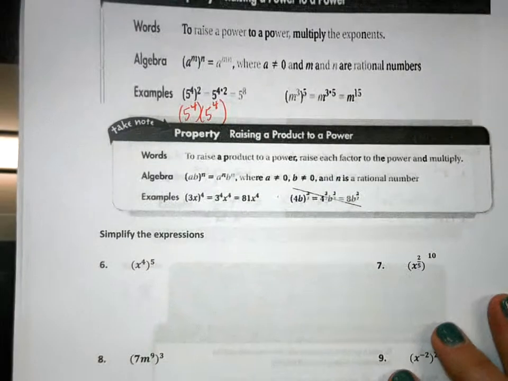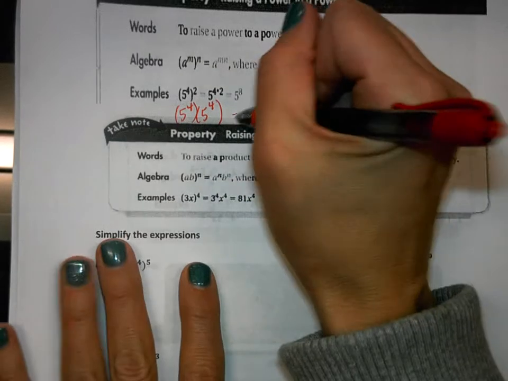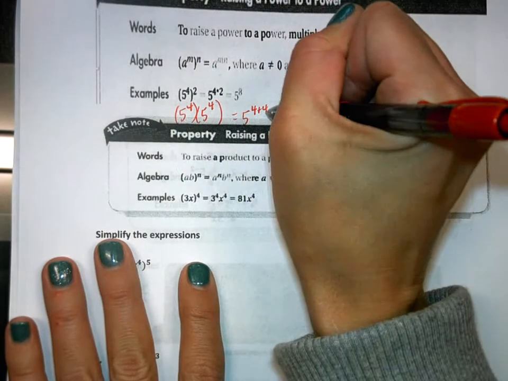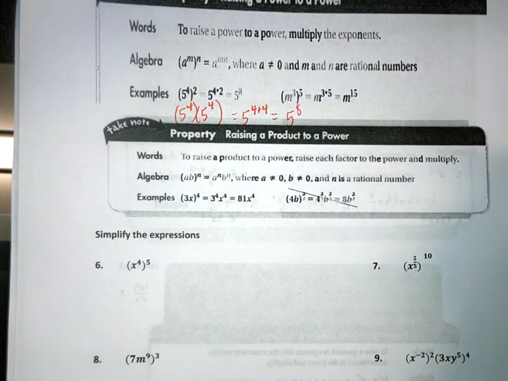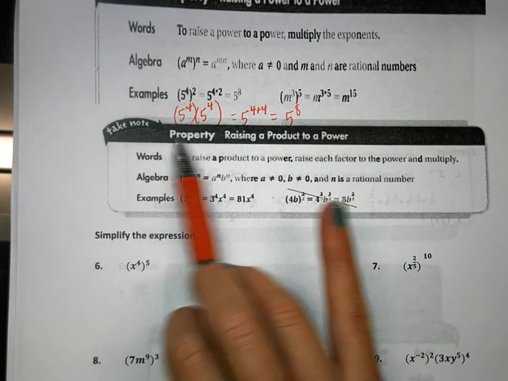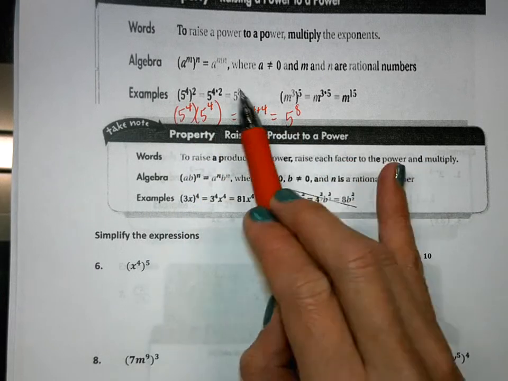And if we go back to how we multiplied before, we would end up going 5 to the 4 plus 4, which makes 5 to the 8th. So the shortcut, instead of writing it out like this, is just to multiply the powers to powers. So 4 times 2 makes 8.